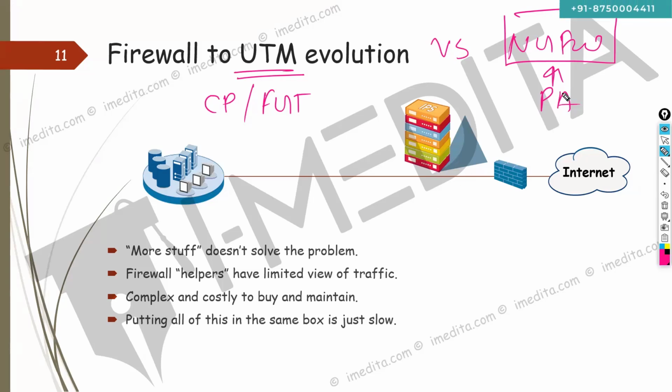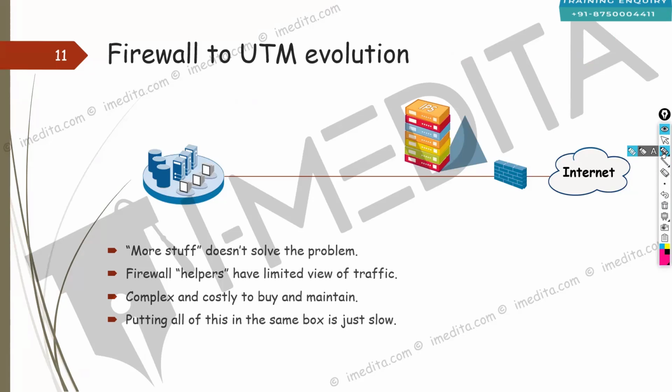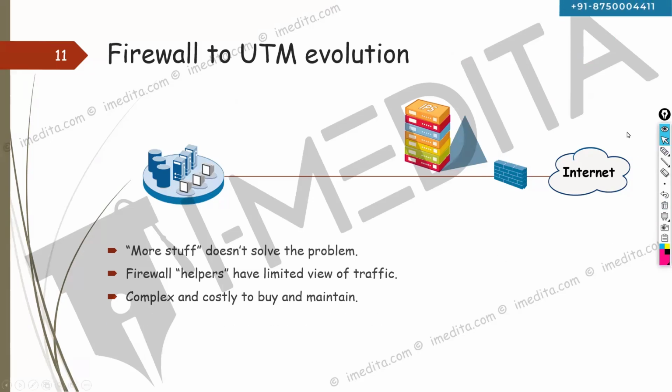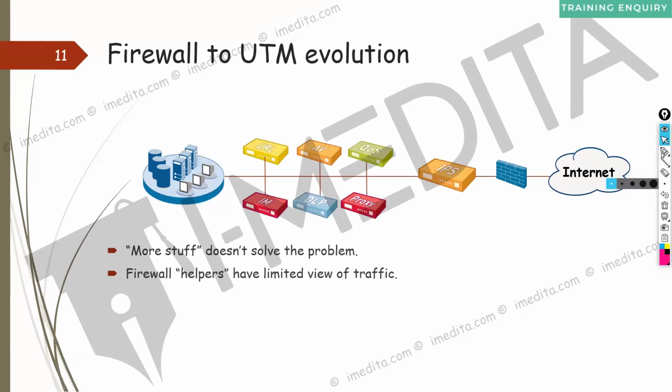Now Palo Alto wants to beat the UTM product, or Palo Alto wants to gain all the customers of UTM. So what is Palo Alto saying here? Before UTM, this is our enterprise network, this is our internet.